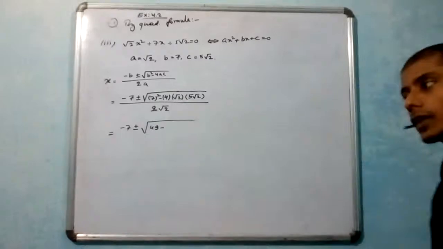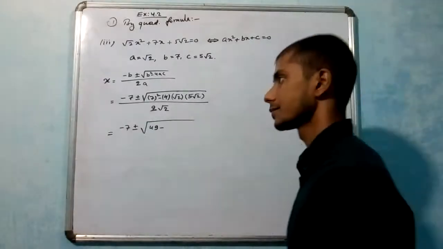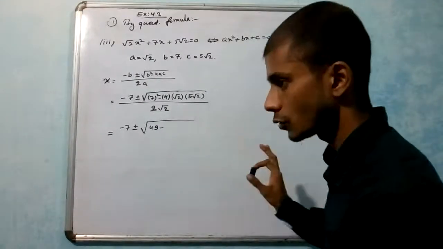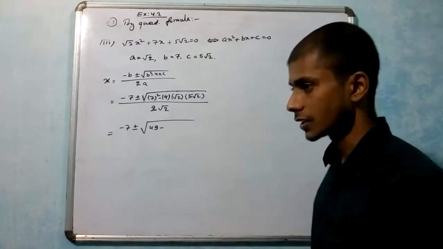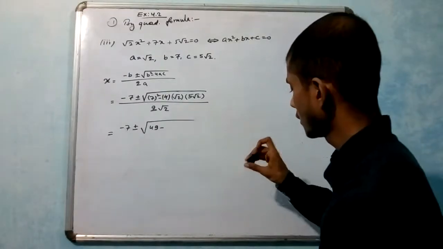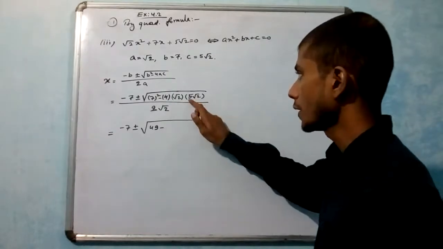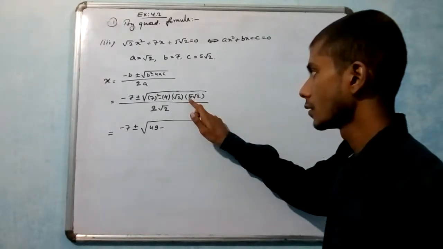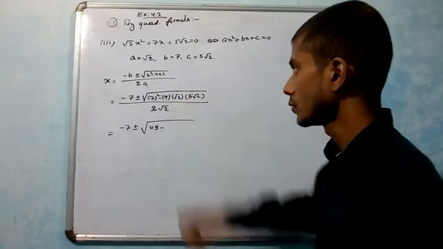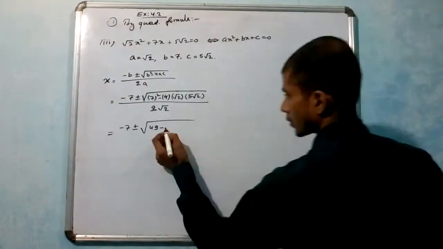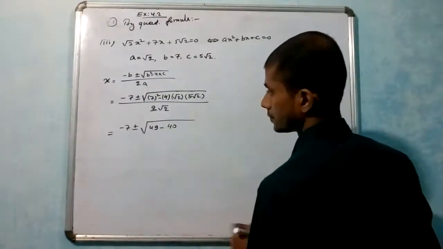Root 5 into root 5 is 5. Root 6 into root 6 is 6. Root x into root x is x. Yes, like that. So root 2 into root 2 is 2. 2 into 5 is 10. 10 into 4 is 40. Okay, so here 40. Fine.